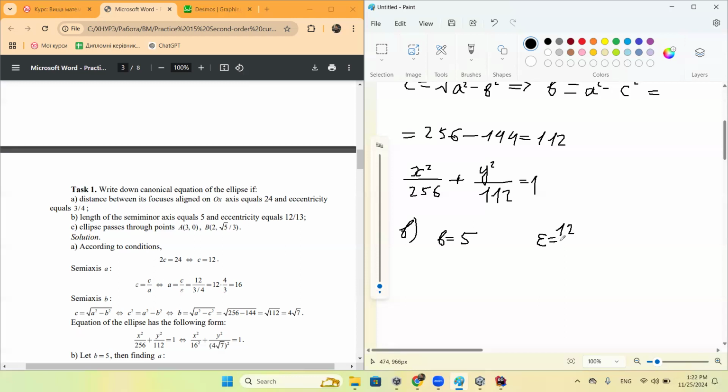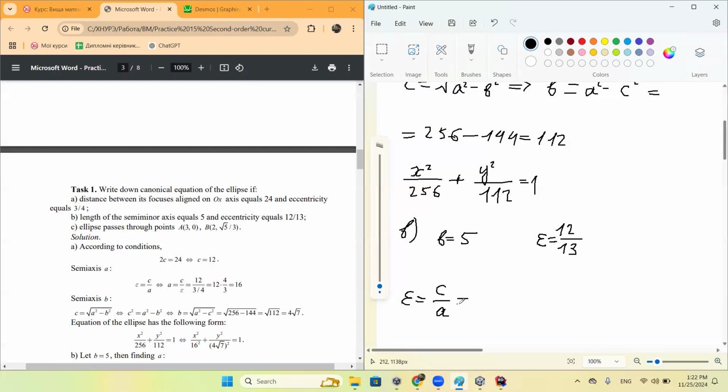How can we find it? Oh, we need to find a because we already have b. The eccentricity equals c by a.